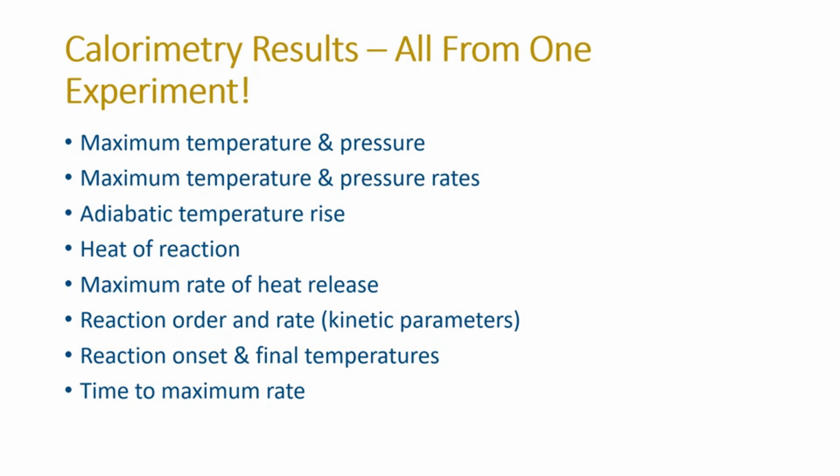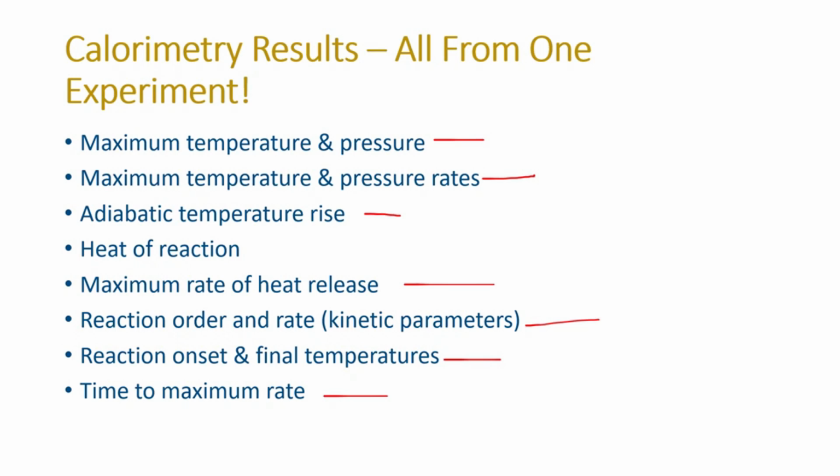Again, some of these come directly from just looking at the temperature versus time and pressure versus time data sets, things like the max and the max rates and the adiabatic temperature rise and the onset and final temperatures. But others, like the rate of heat release and the reaction order and the time at the maximum rate, can be derived from fitting the data to the mass balance that we saw.